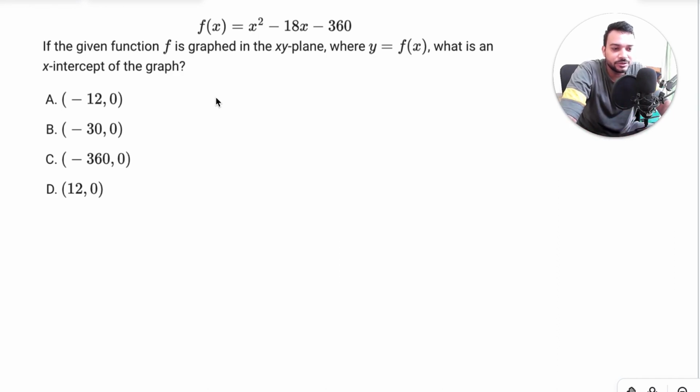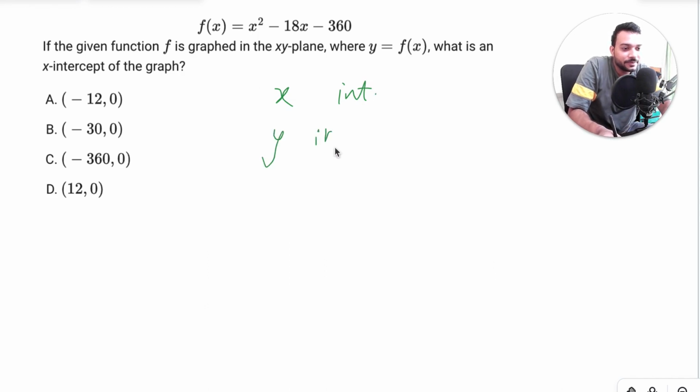For this we just need to know what intercepts are. If someone says x-intercept or y-intercept, what does that exactly mean? When we ask for the x-intercept, it means the point where the graph cuts the x-axis.